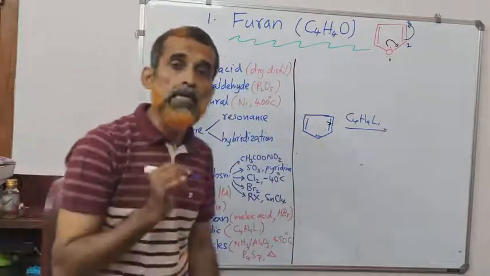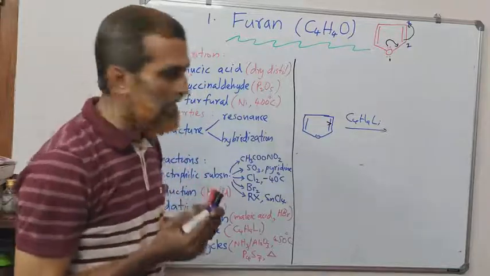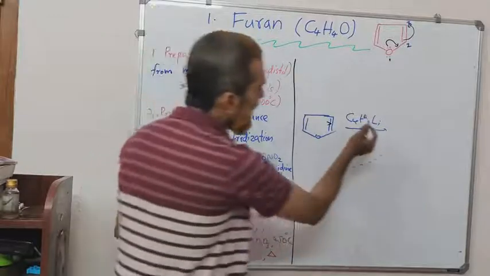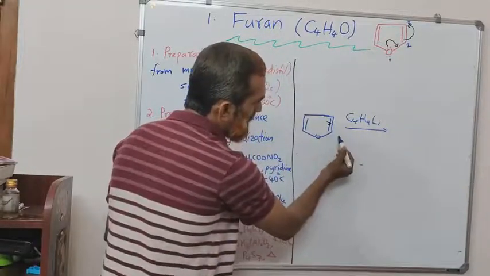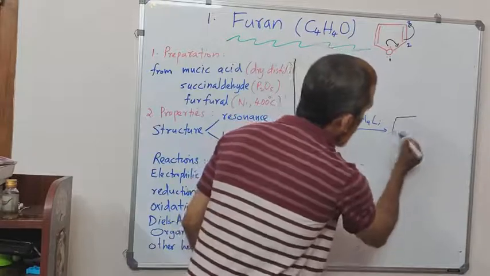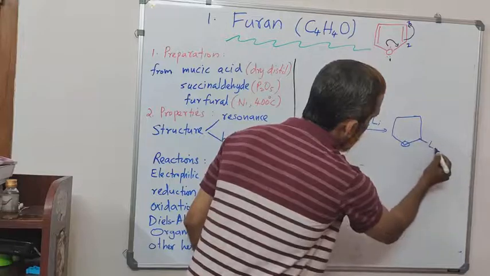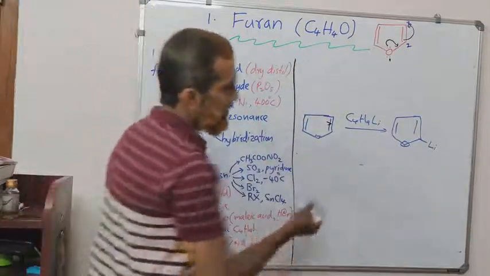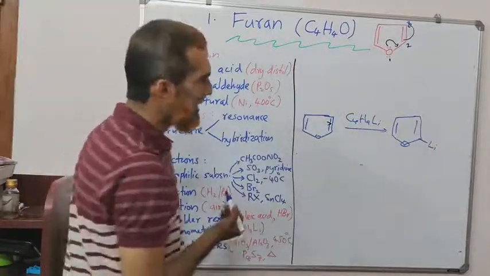This is n-butyl lithium, an important organometallic compound used in synthesis. This is a straight chain butyl group. This can react and lithium gets substituted over here. So this is furan 2 lithium, or 2-furyl lithium, you can call it.